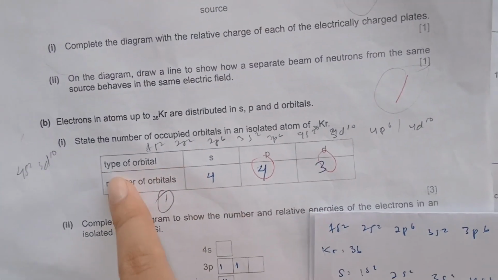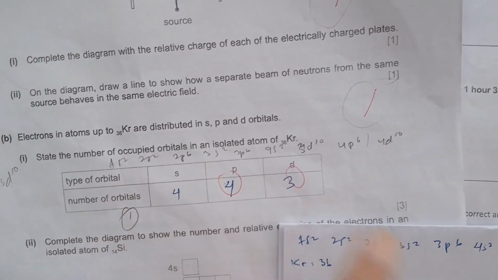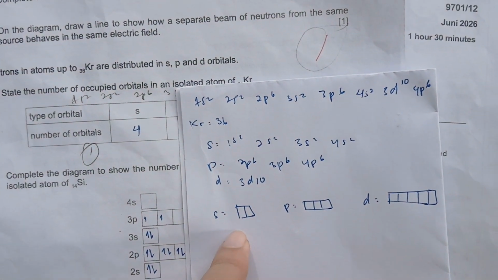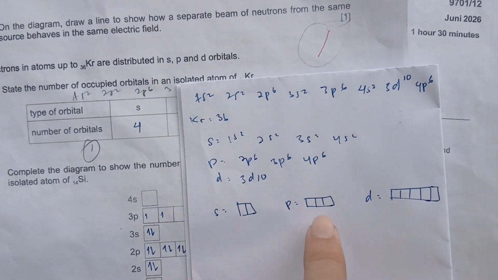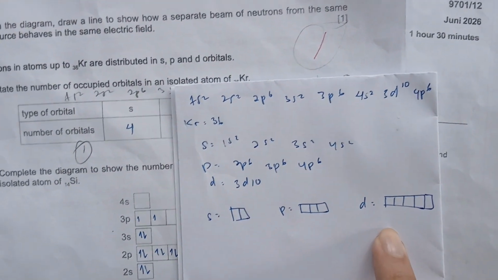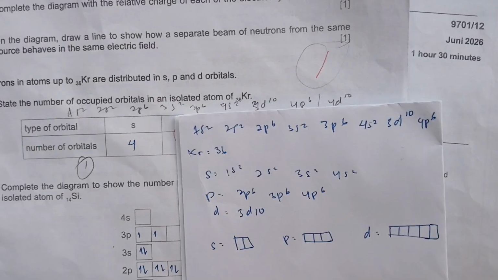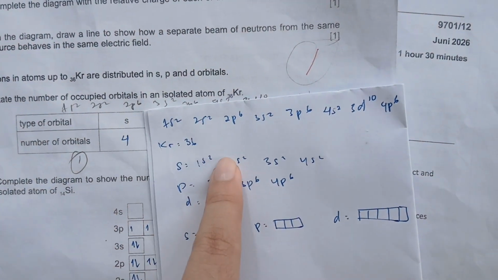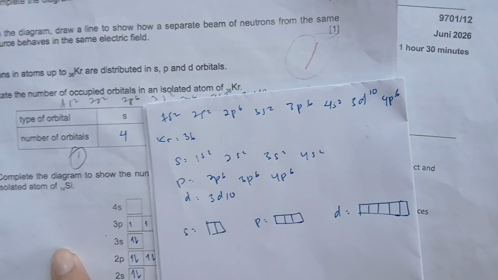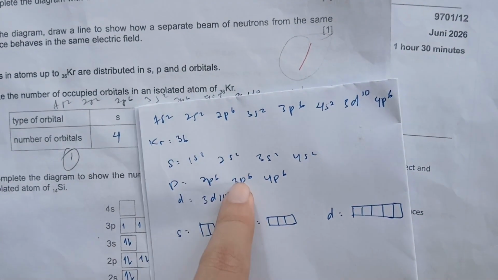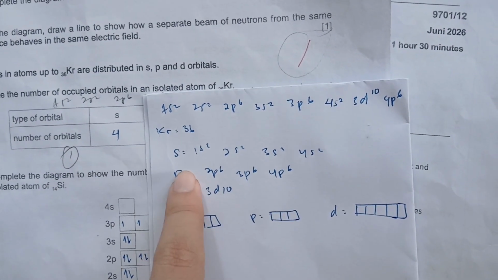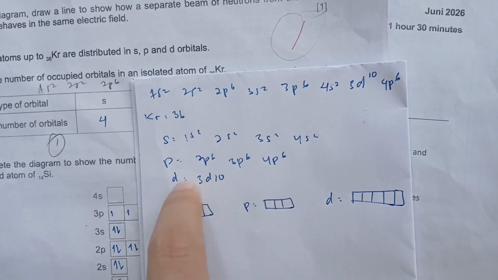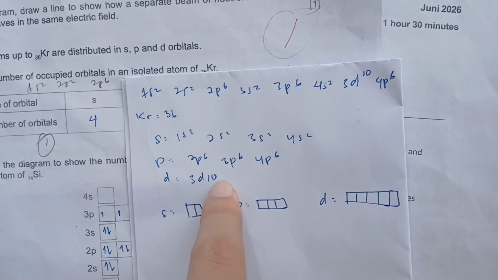So for each s subshell there's 1 block, while p has 3 blocks and d has 5 blocks. In here the number of s orbitals is 1, 2, 3, 4. For p it's 1, 2, 3; every single one of these 3 has 3 blocks, so it means 9. And for the d, it's just 1, so it's 5.